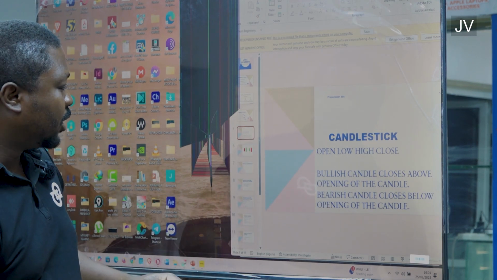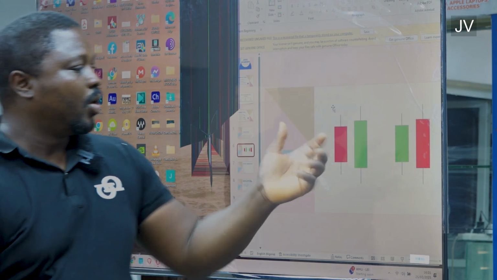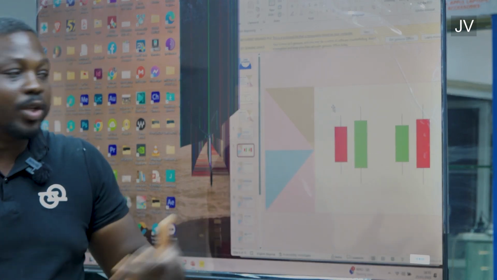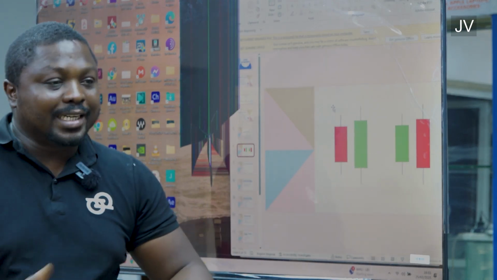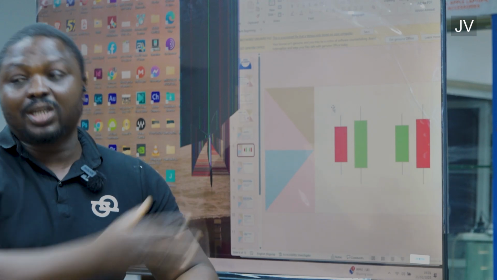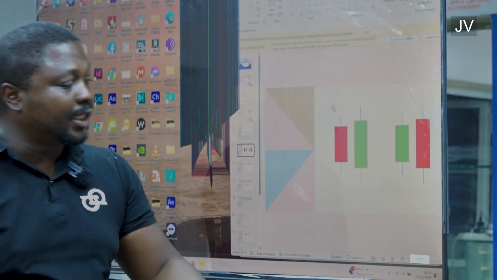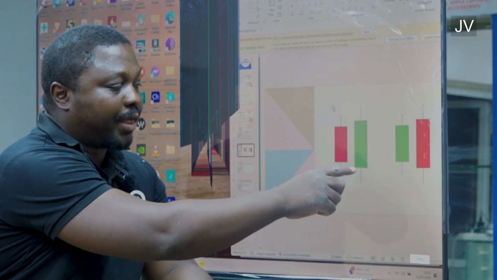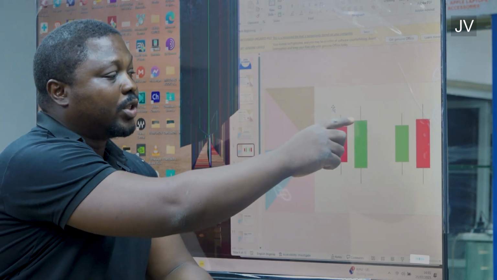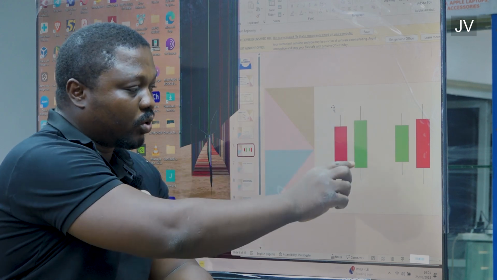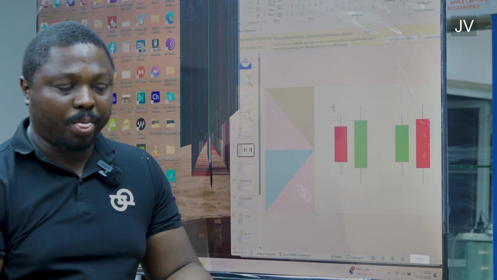Example is slide 6. Look at this candle now. If they don't tell you the opening price, you're supposed to know the answer based on the definition we used. This one is bullish. It opened at this point here and closed here. This is the low of the candle, this is the high of the candle.